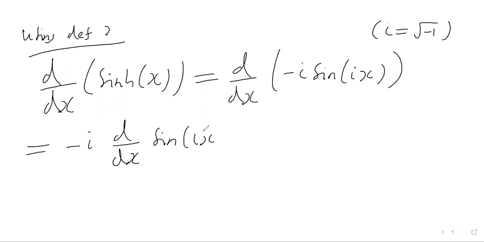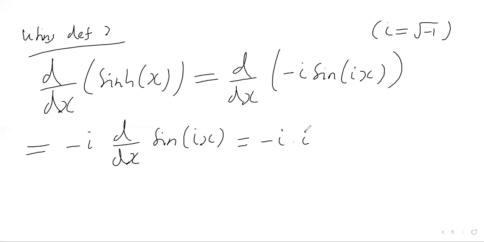We want to differentiate this sine of ix, a function of a function. So we differentiate the function inside the sine: differentiating i times x is just the constant i. So you get negative i times i, and then we differentiate sine of ix with respect to ix.